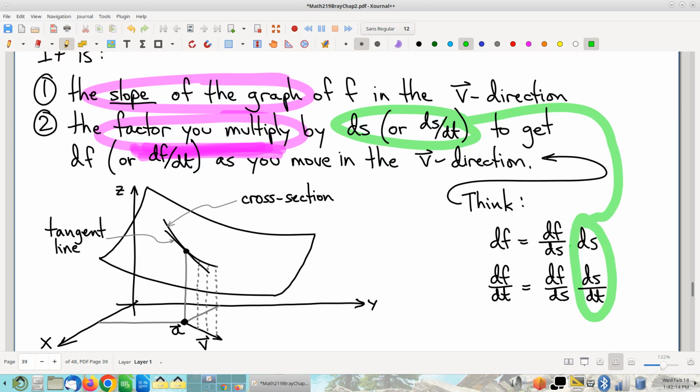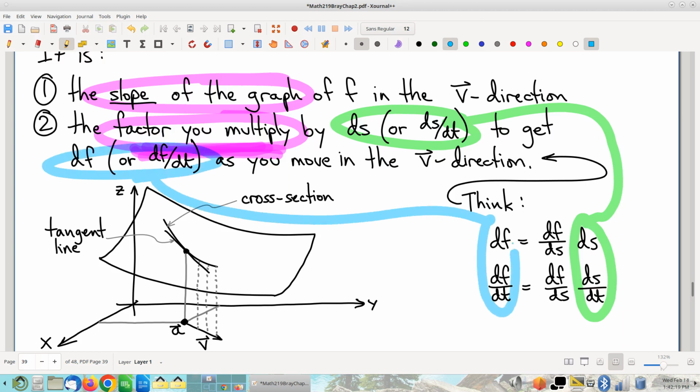And then the resulting output change that you get, likewise, in the target is either a linear estimate of change or a speed in the target. So now, just from a notation point of view, what should we call the thing that we multiply by ds to get df, or the thing that we multiply by ds dt to get df dt? Well, it's a pretty easy pitch that maybe we should call that thing df ds.